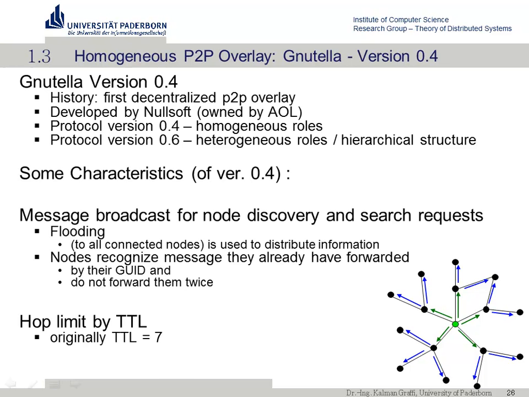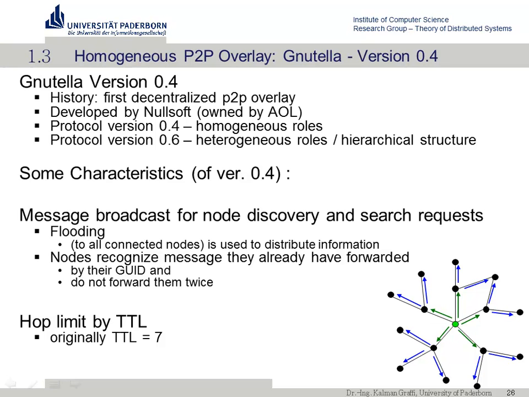Some basic characteristics of version 0.4 are that flooding was the main concept for node discovery and to search for specific files. And that's exactly how we learned it before. So very simple.